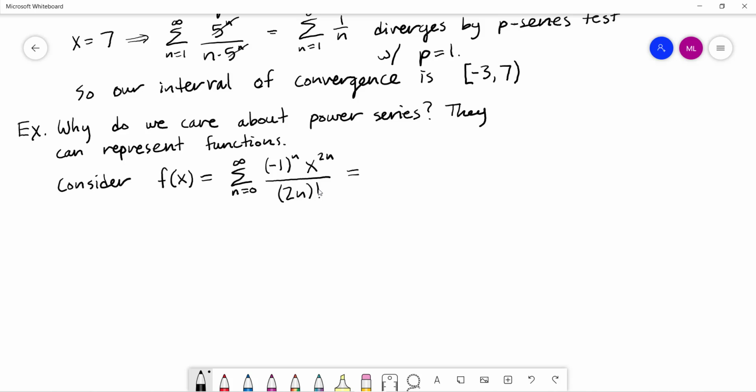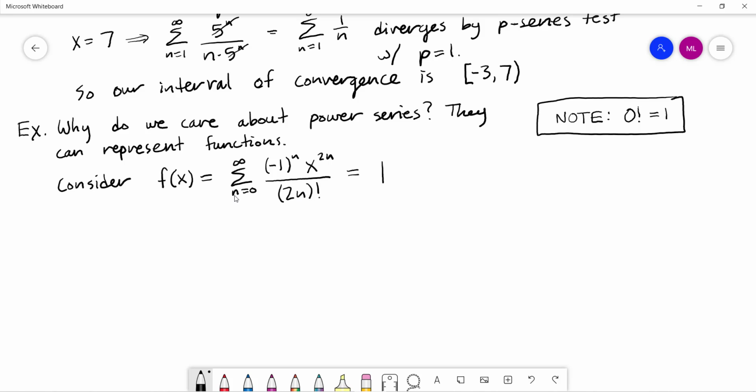It's one of those weird things. It's just defined to be 1. And for this first term, we get 1. So again, just note, somewhere off to the side here, 0 factorial equals 1, by definition. So the first term is going to be 1.